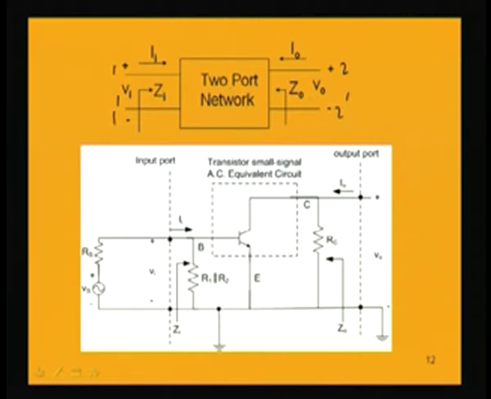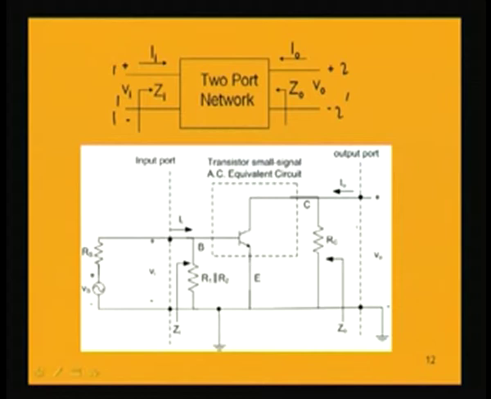For example, transistors as well as transformers are best expressed by this two port network, and in the transistor analysis also we will be following this. That is why I am introducing this two port network at this point. So, if we look into the whole circuit at this point, between these 2 points this is the input port and this is the output port.